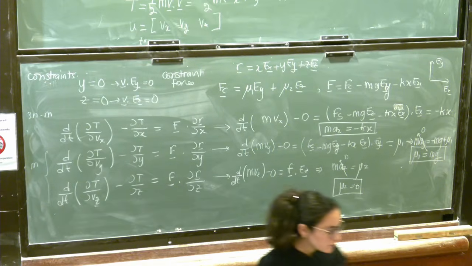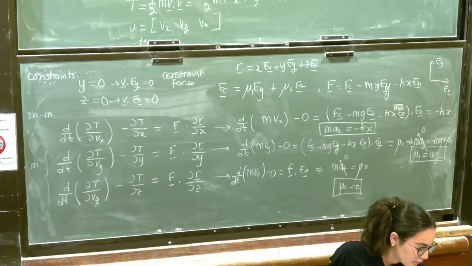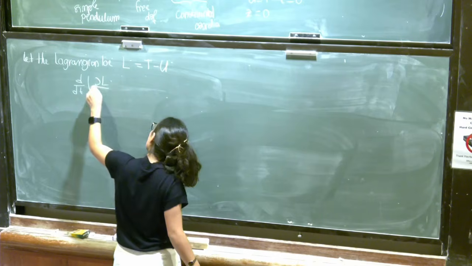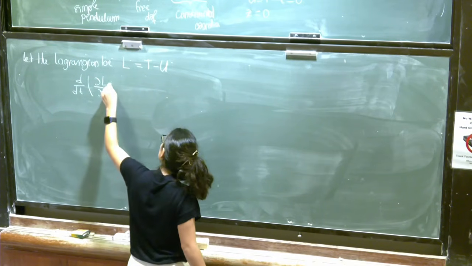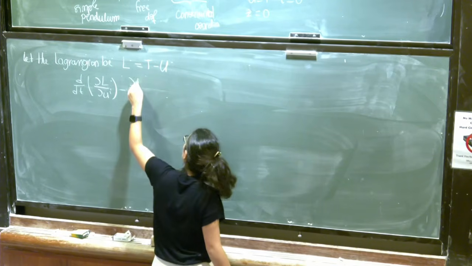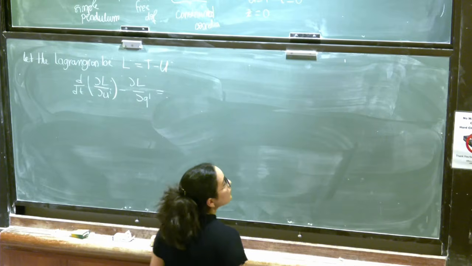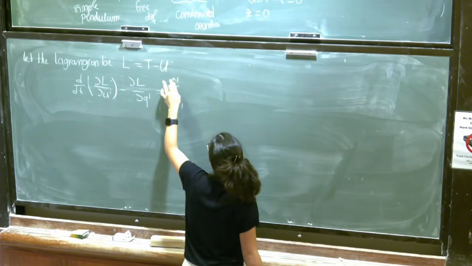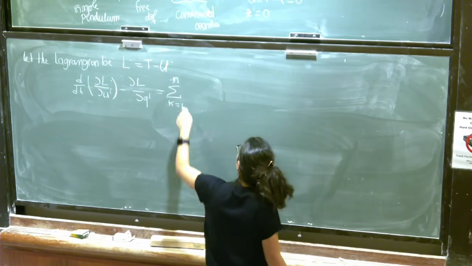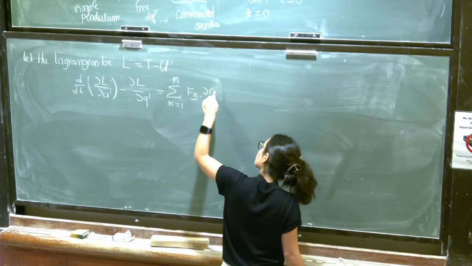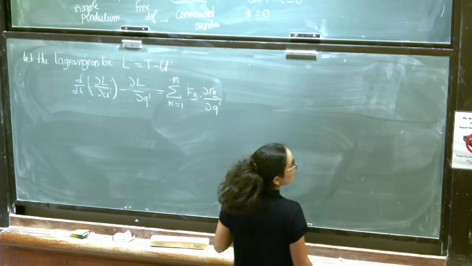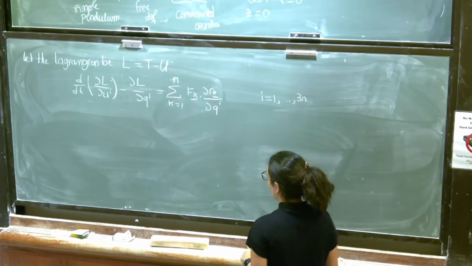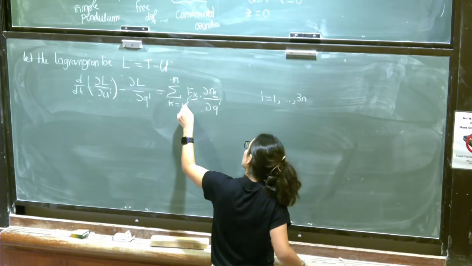These are going to be d by dt of del L by del ui minus del L by del qi is equal to the sum, k equals 1 to n, sorry, small n, of Fk, but not the same Fk, it's Fk non-conservative.